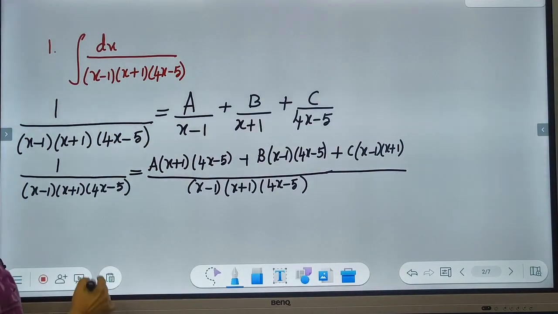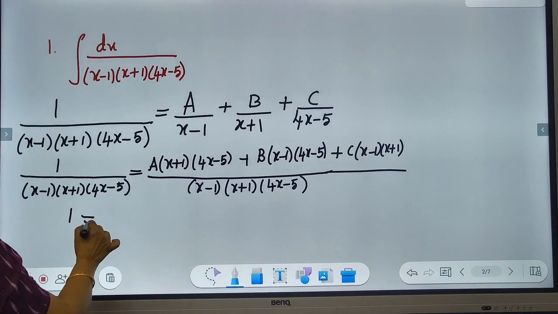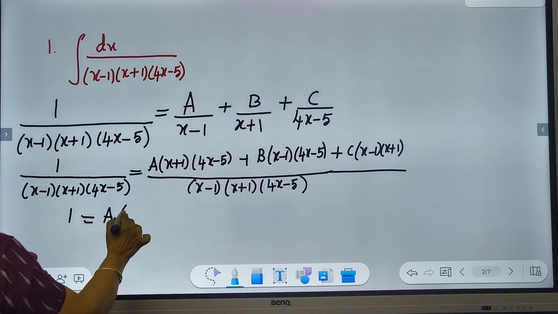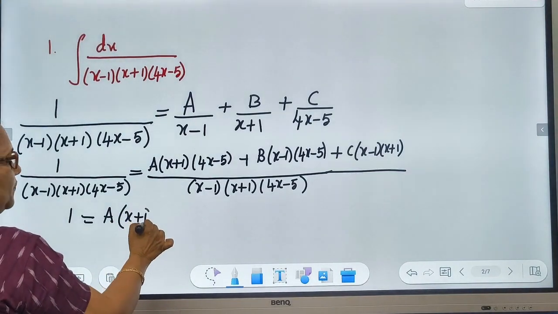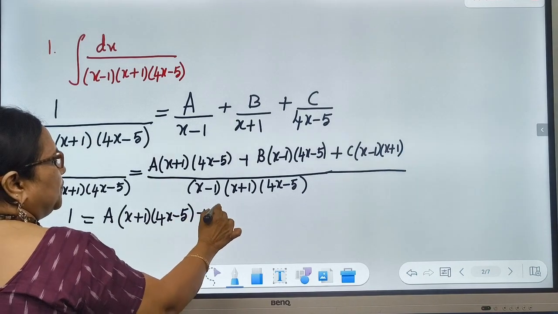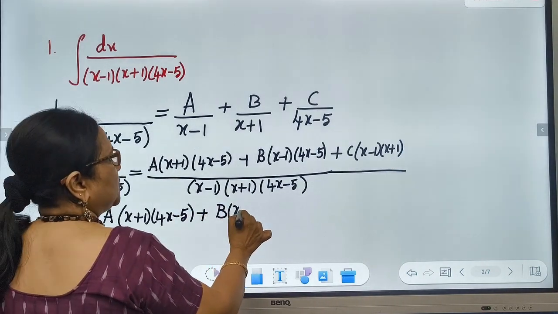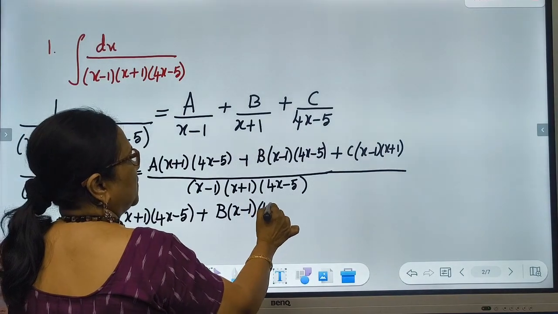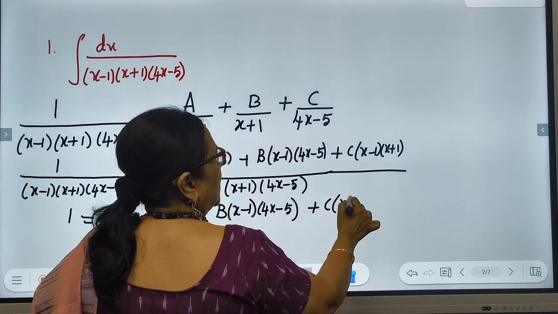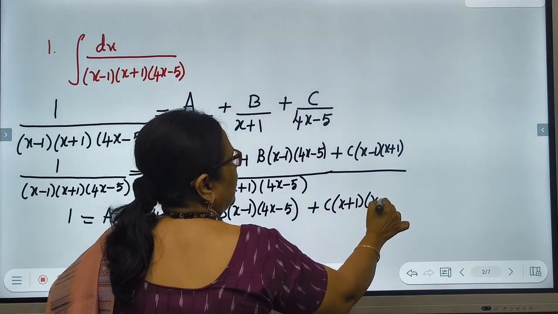From this, we get 1 equal to, the denominators are same, so I can equate the numerator. 1 equals A(x plus 1)(4x minus 5) plus B(x minus 1)(4x minus 5) plus C(x minus 1)(x plus 1).